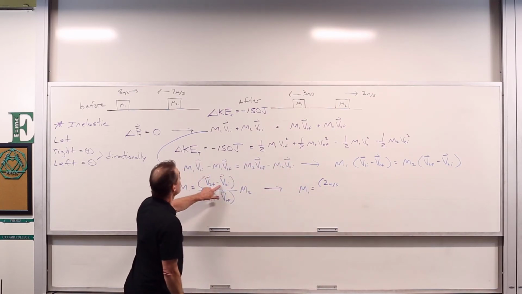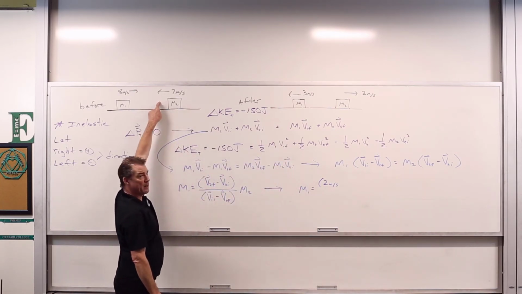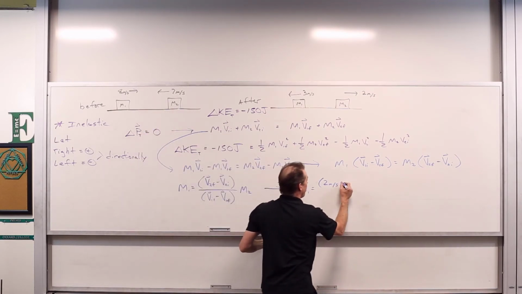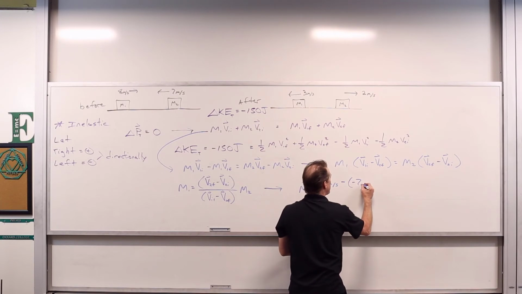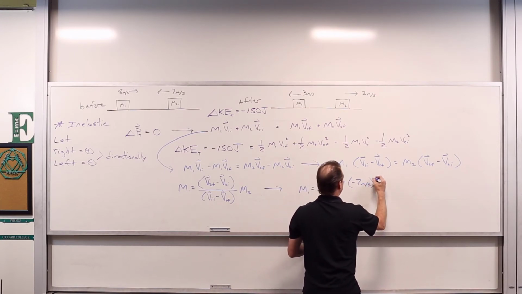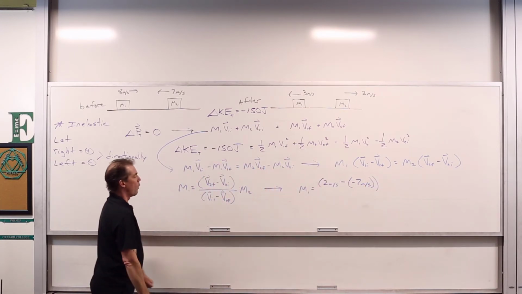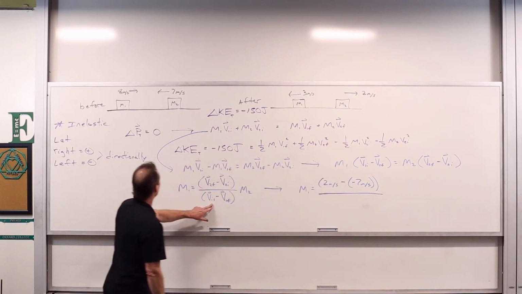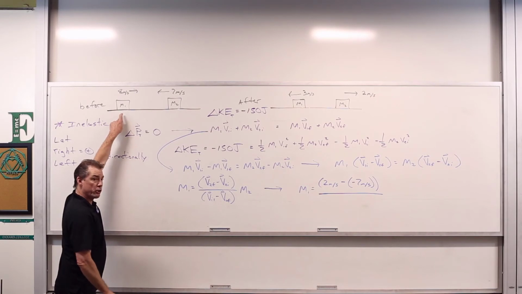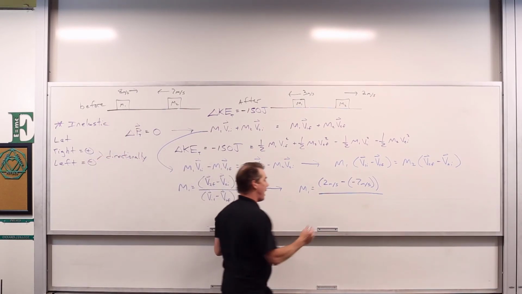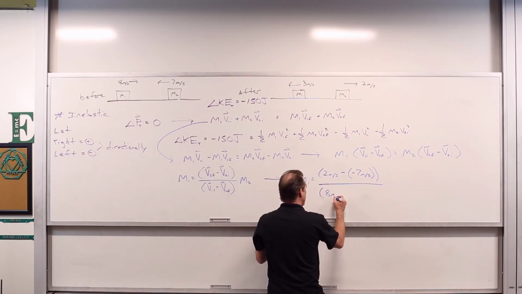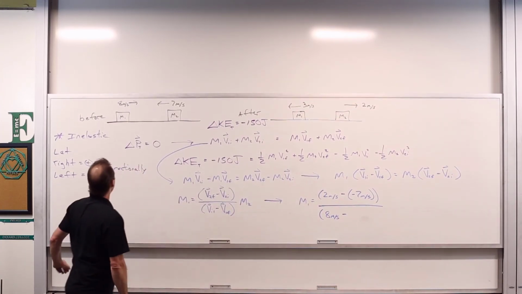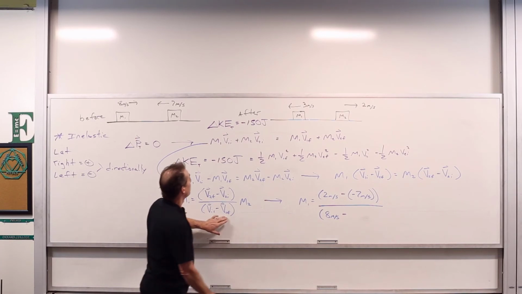And then we've got V2 initial. Well, V2 initial was 7 meters per second to the left. So we've got minus V2 initial, which was negative 7 meters per second. So there's that quantity. And then we look at V1 initial. Well, V1 initial was 8 meters per second to the right. The right is positive. So we've got 8 meters per second. And then we've got minus V1 final.